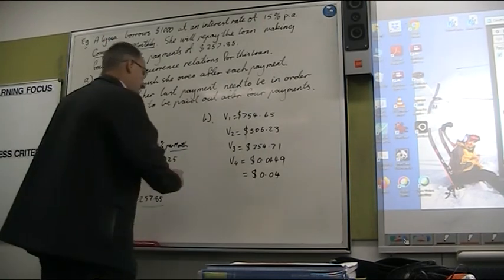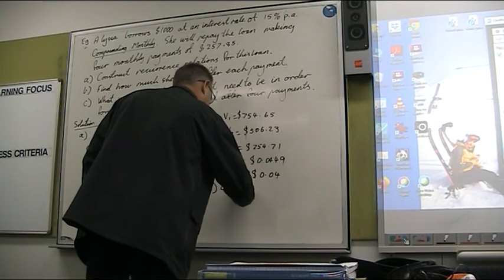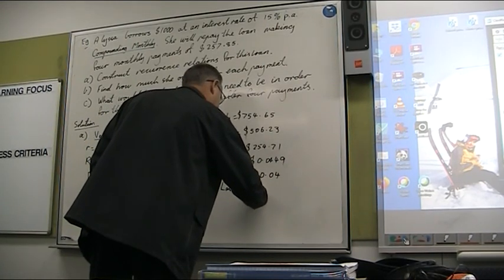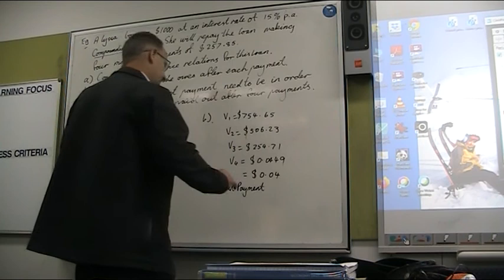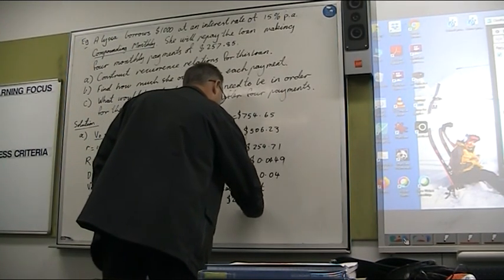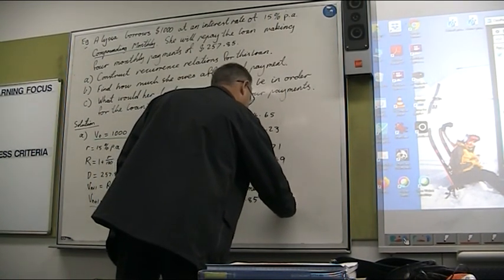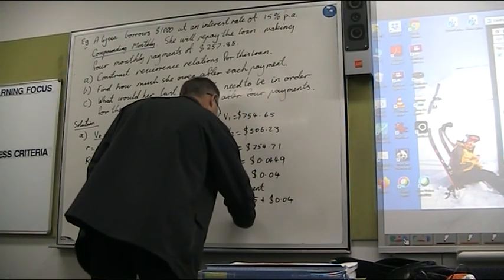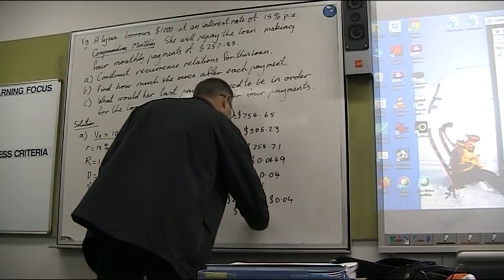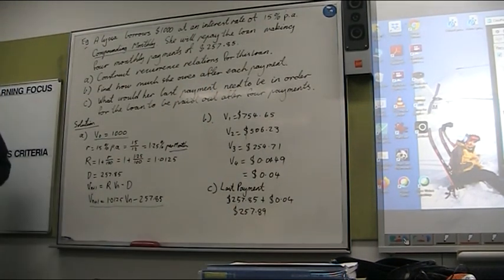So her last payment then would need to be $257.85 plus the 4 cents. So if she pays $257.89 in that last month, she then won't owe anything.